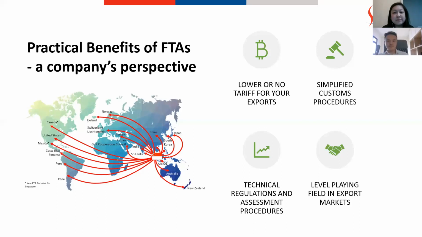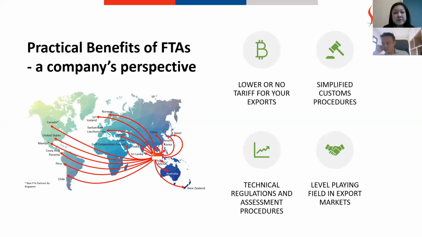So without further ado, let's get into the practical benefits of FTAs from a company's perspective. In most cases, the number one reason for a business to utilize an FTA is the tariff savings for their exports. This means that the importer or the customers will enjoy a lower or zero tariff at importation.